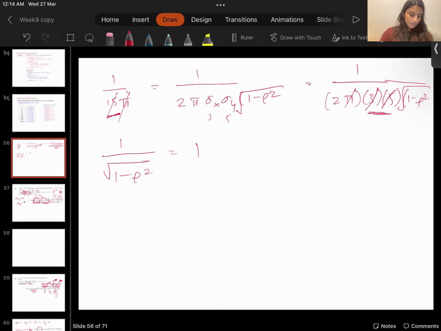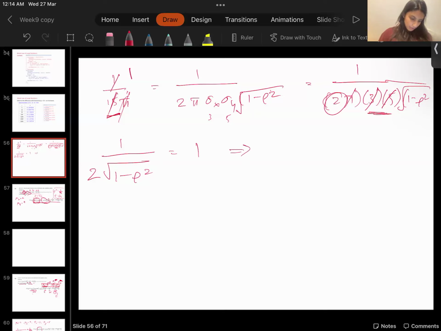Oh wait, am I doing something wrong again? I think we still have this 2 here. So we have 1 by 2 into square root of 1 minus rho square is equal to 1, because this whole term is cancelled out and we have 1 this side.